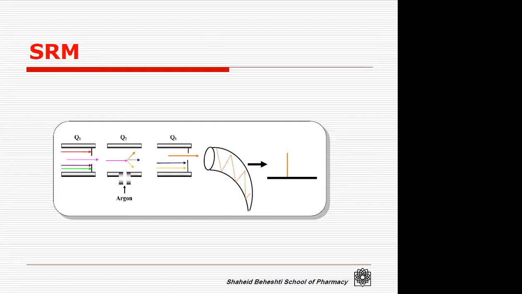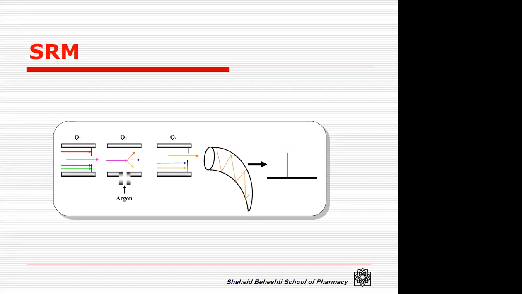Selected reaction monitoring is a method of monitoring which is called the most selective monitoring system in mass spectrometry. I'm going to try to explain what happens during selected reaction monitoring.